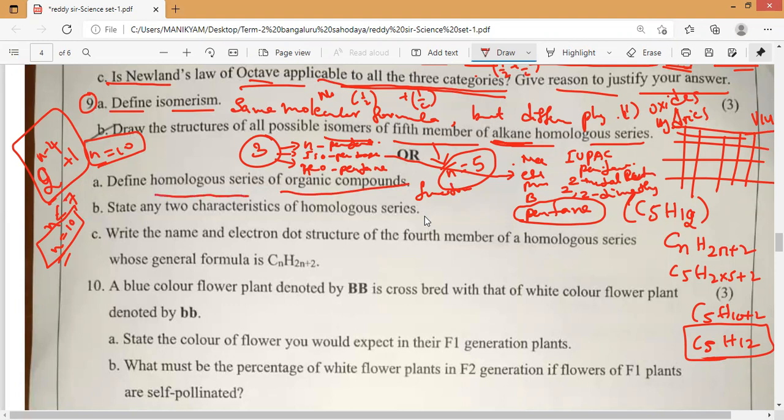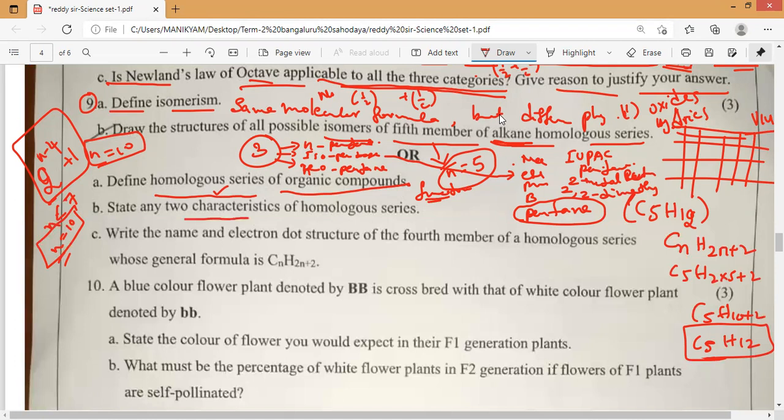The compounds showing similar chemical properties and similar structures, understanding? They are called a homologous series of organic compounds, which have a general chemical formula. That is what we call a homologous series, a common functional group.